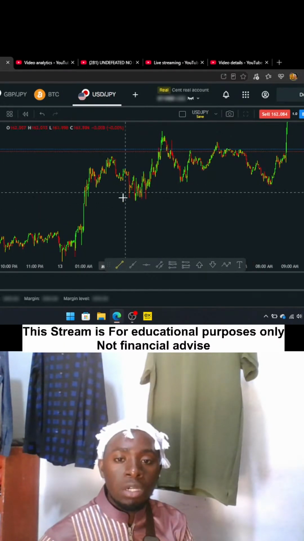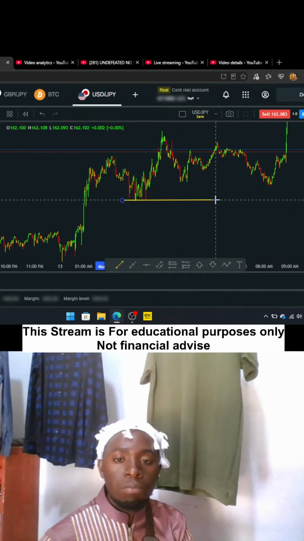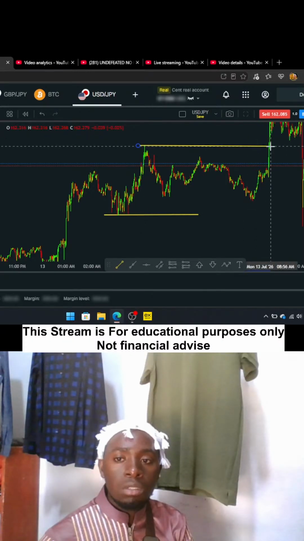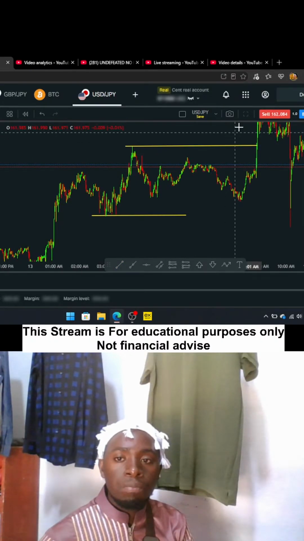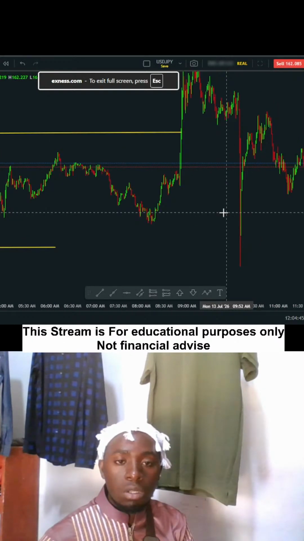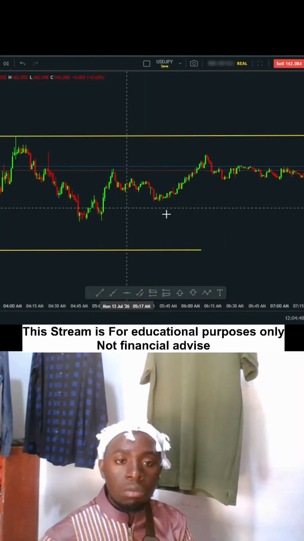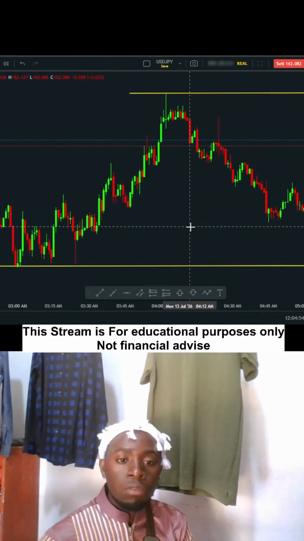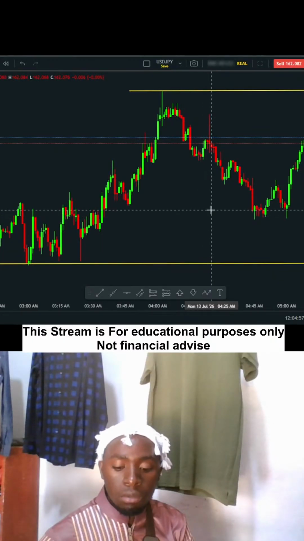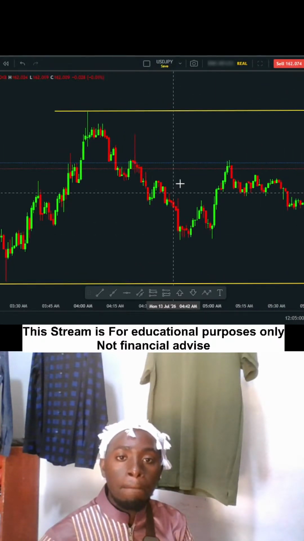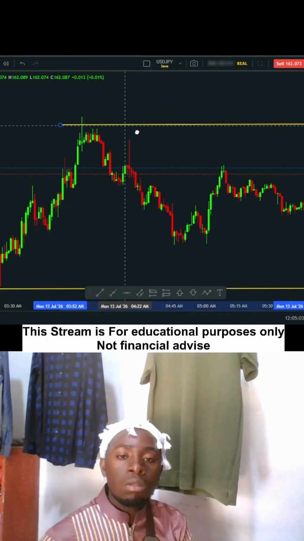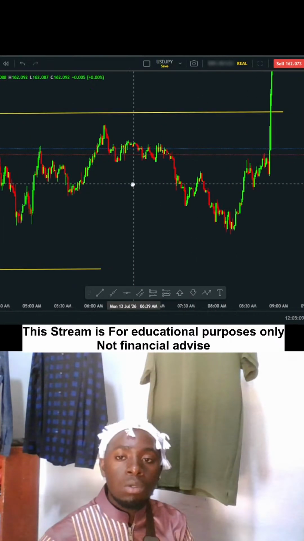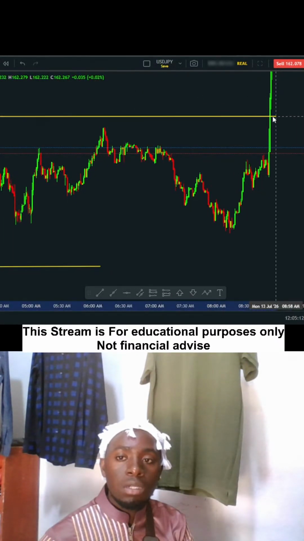So what we have here, I see a low here. This is a low right there, a high right there, which was broken. Let me zoom in so you can see clearly what's happening. I think it's much clearer. I think that's the better way of drawing that high.